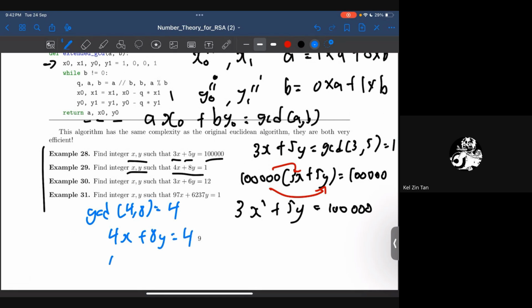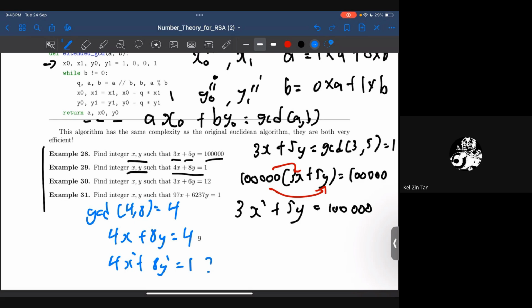But can we find x and y such that this is true? The answer here is that there is no integer x and y such that this is true.